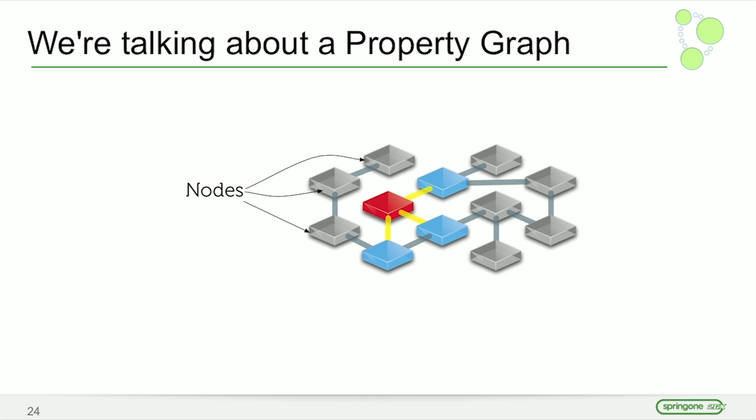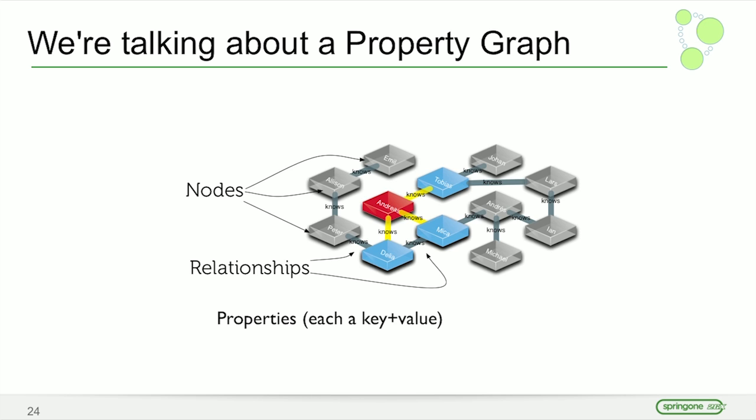In a property graph like Neo4j, we call these things nodes, and the connections in between relationships. And the interesting thing is, unlike mathematical graph models, that's not the end, but you can put any number of properties on both nodes and relationships.